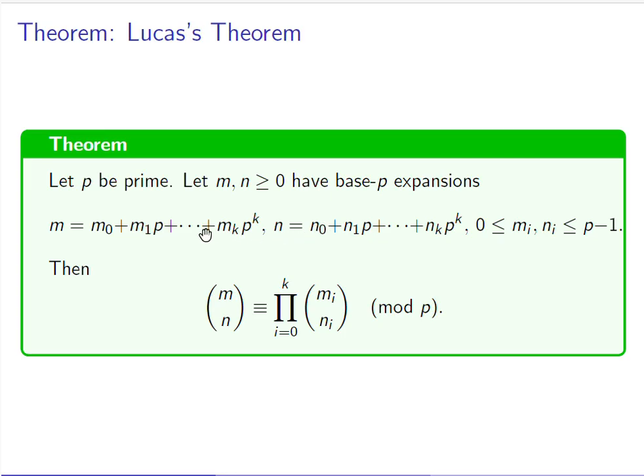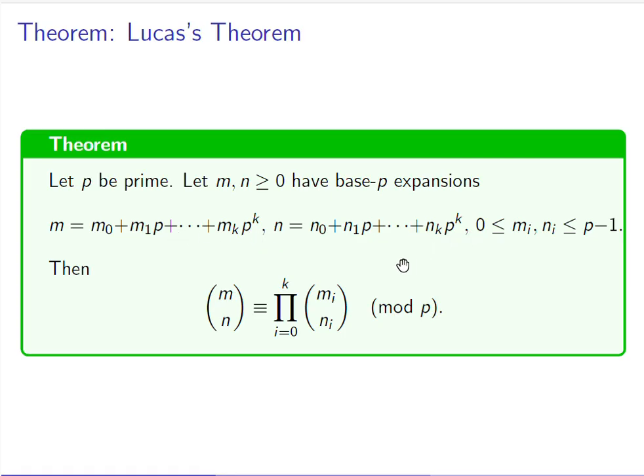It's no longer unique in terms of the length because I can keep adding zeros, but if you fix p^k here and want both of them to have length k, then it's going to be unique.